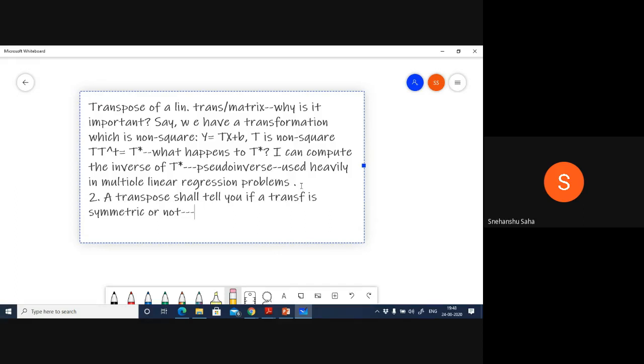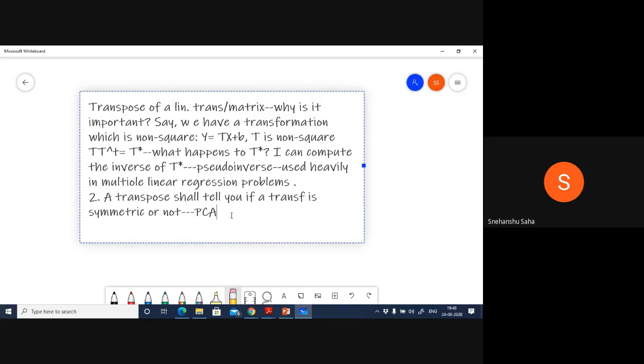If a transformation is symmetric, I mean a real symmetric transformation, the corresponding eigenvalues are real and distinct, right? Then you have a bunch of very nice results which you use directly in PCA. So very simple algebraic operations have very useful significance. So this is not pure abstract stuff.